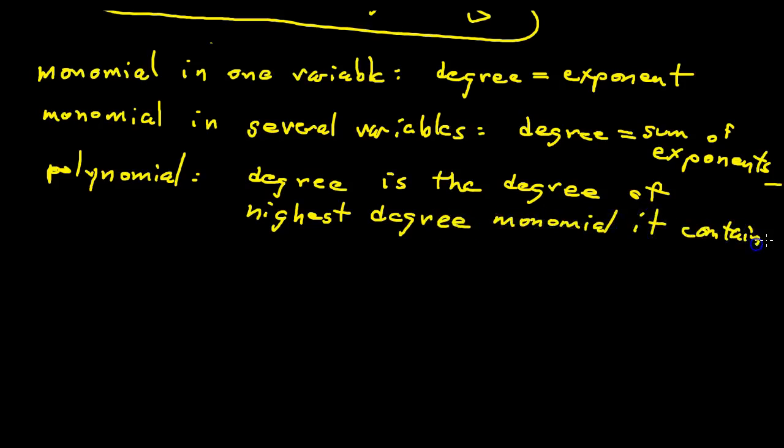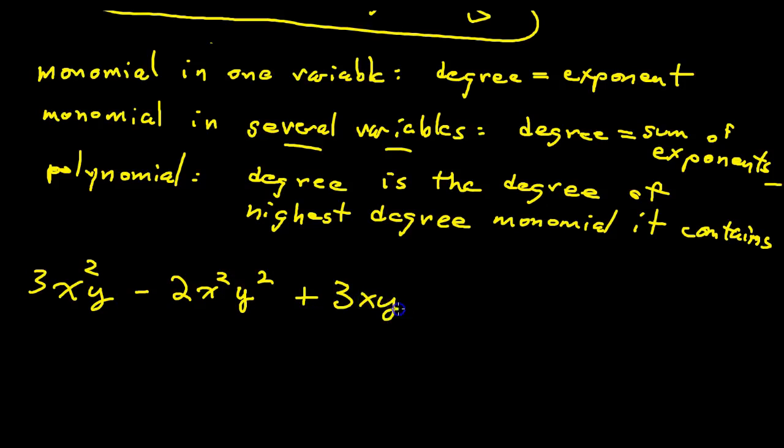All right, so look at some polynomials. If we can have monomials with more than one variable, we can have polynomials in more than one variable. How about 3x squared y minus 2x squared y squared plus 3xy. I'll leave it like that.